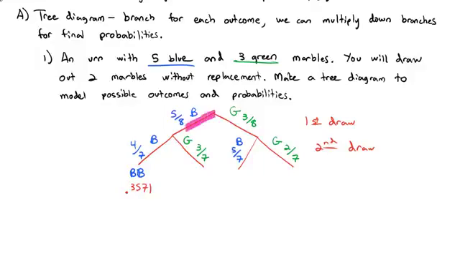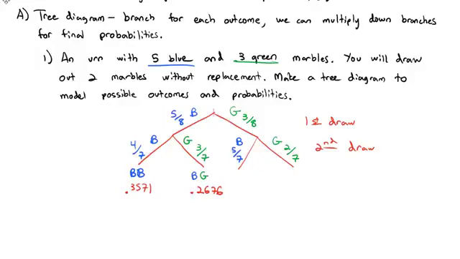If I want blue, then green, we multiply down those probabilities: 5/8 times 3/7 is 0.2679.